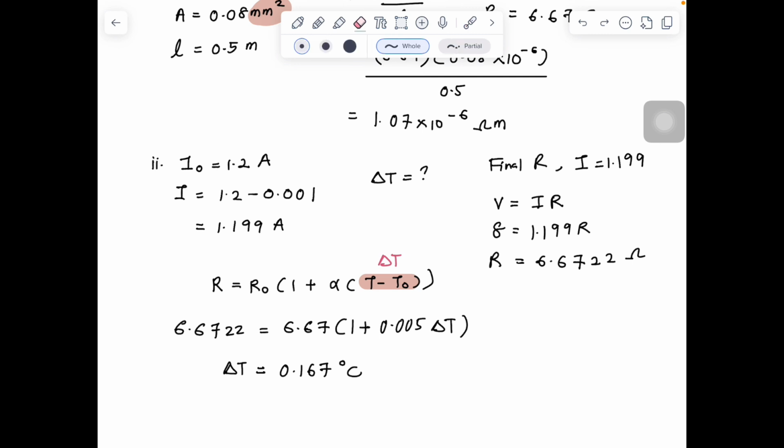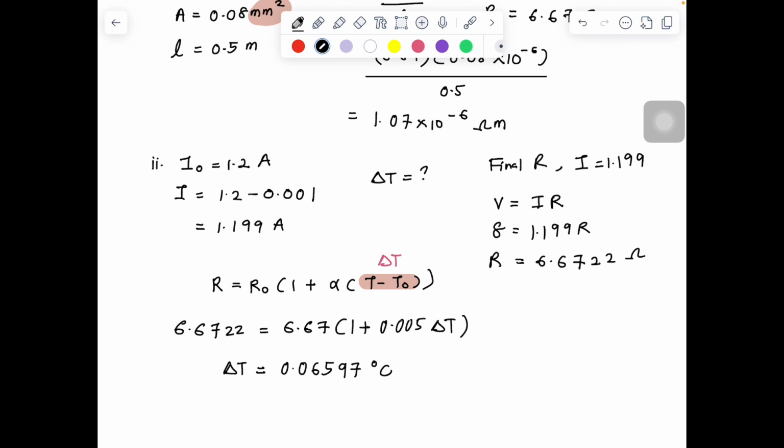Okay, so after I double check, okay, if we are using the exact value that we substitute here, final answer that you get is 0.0657 degrees Celsius.